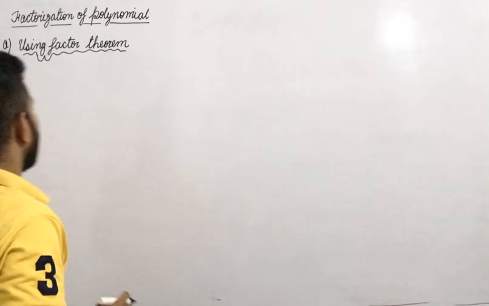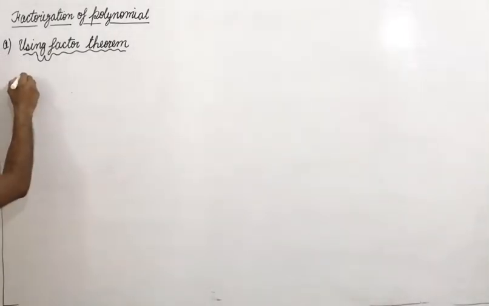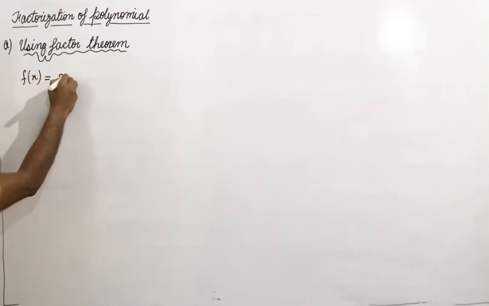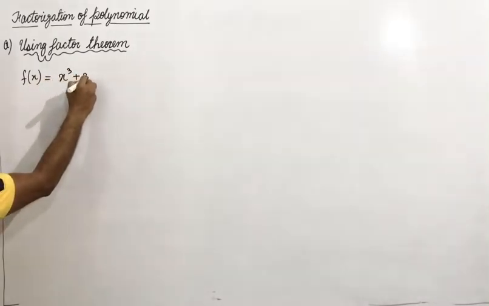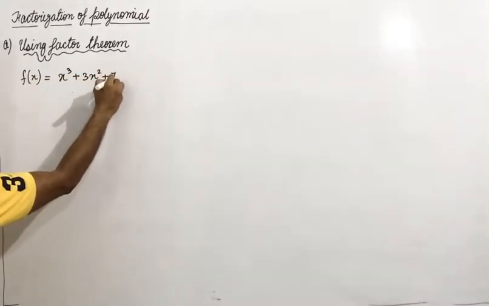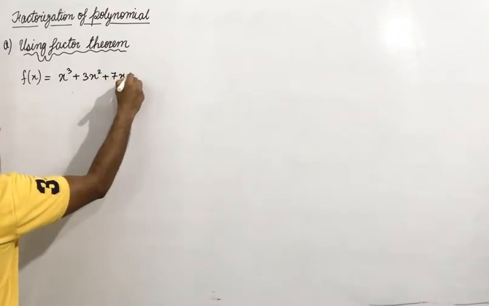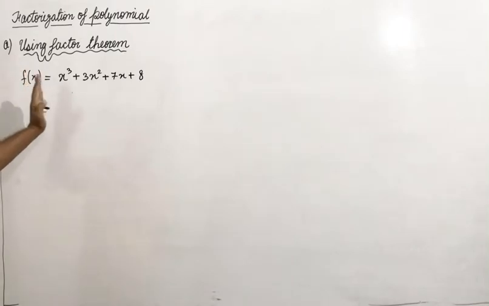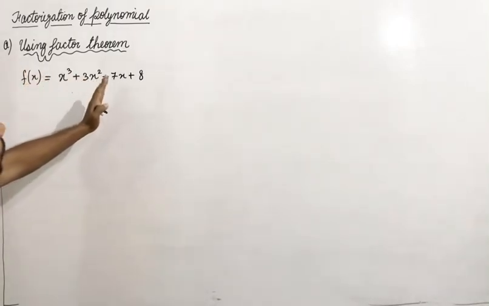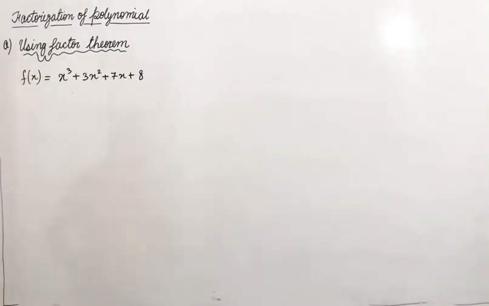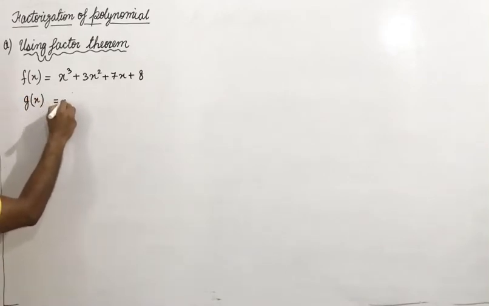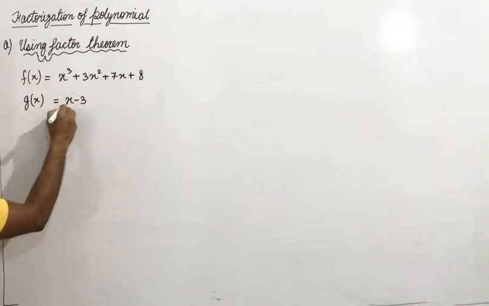For example, if I say that you have a polynomial f(x), which is x cube plus 3x square plus 7x plus 8. This is the hypothetical polynomial f(x) equals x cube plus 3x square plus 7x plus 8. You have another polynomial g(x), which is x minus 3.